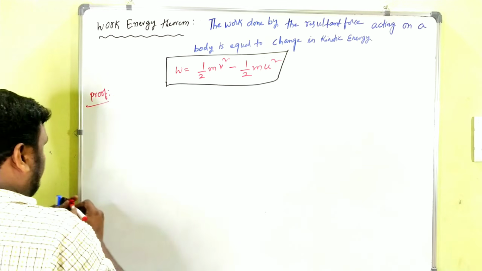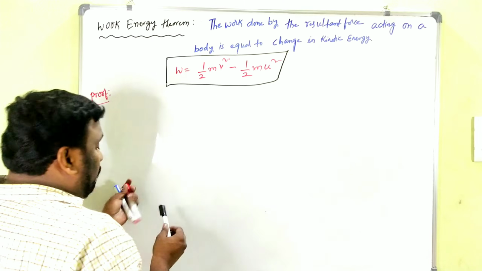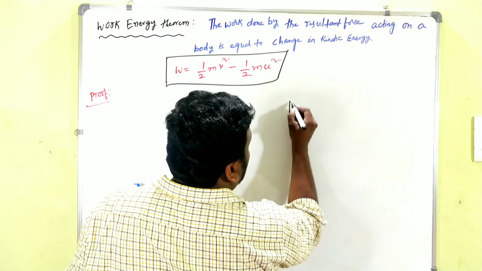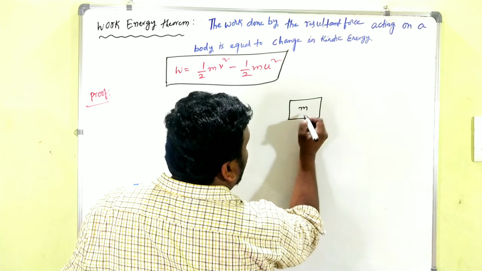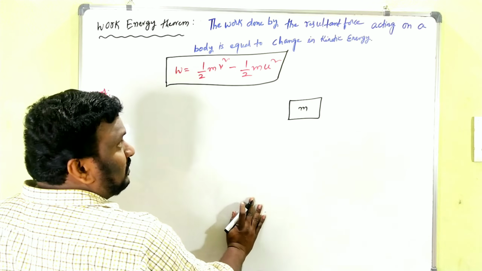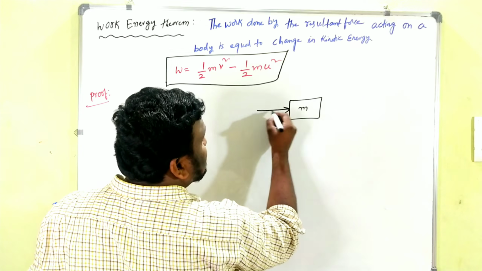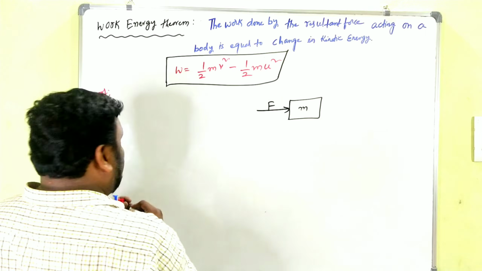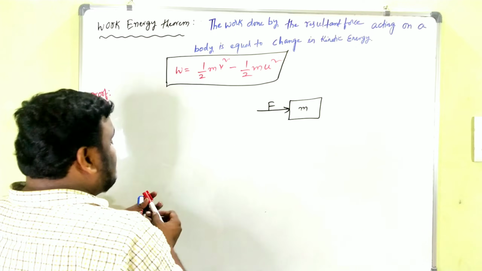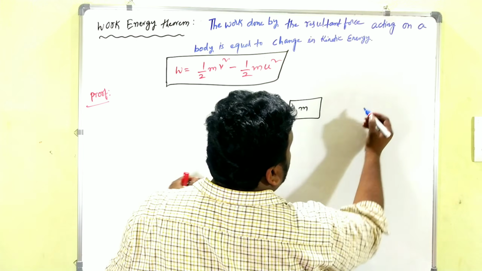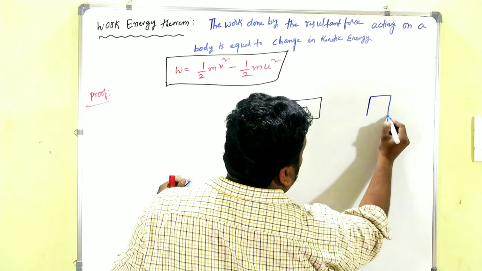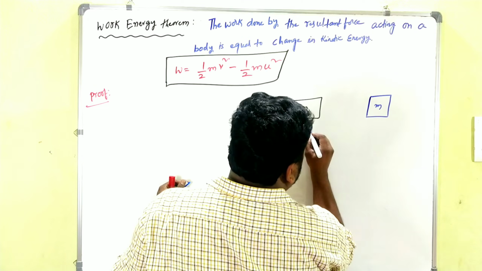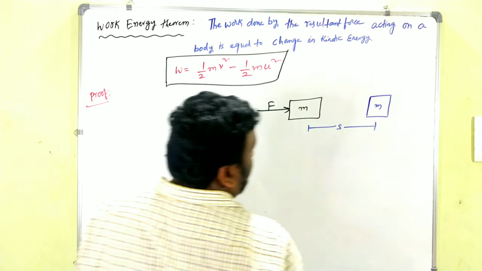Proof. Here for that we are taking one body that has some mass m. On that body some force f is applied. Then it is displaced by a distance, the displacement is s. Clear?